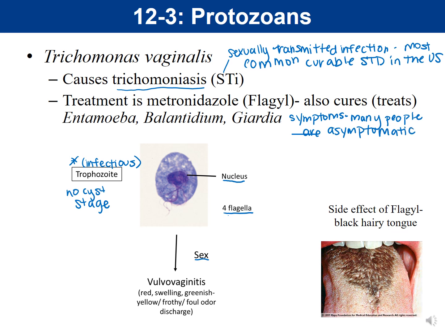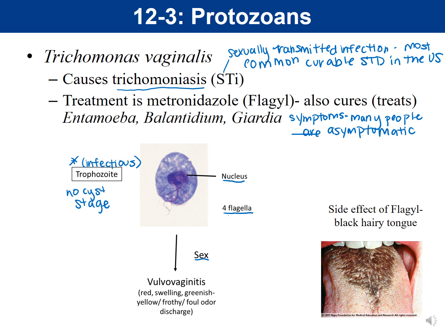And that's important because if you think about it, having unprotected sex with somebody, they might not have any symptoms of the disease, but they might be able to transmit it to you because they don't know that they're infected and therefore can pass it to you. So only about 30% of people develop any symptoms of trichomoniasis. Now, when trichomoniasis does cause symptoms, they can range from mild irritation to severe inflammation.